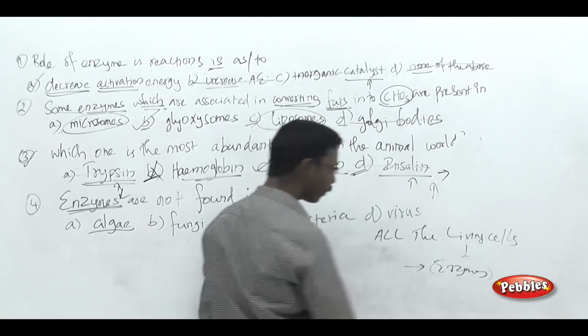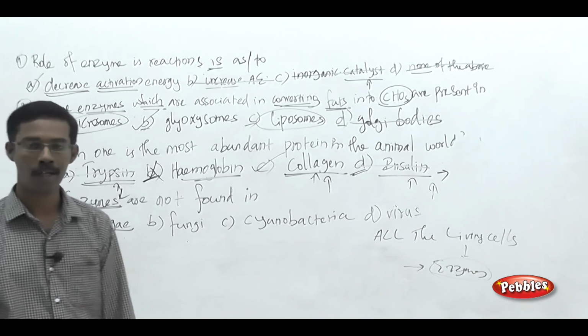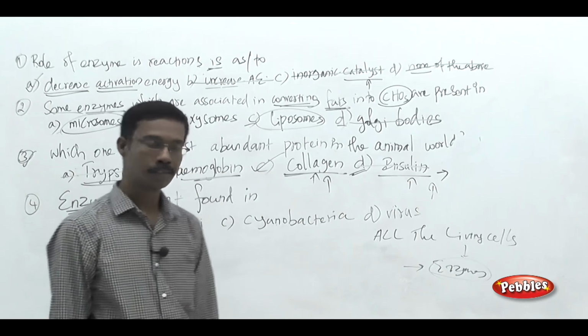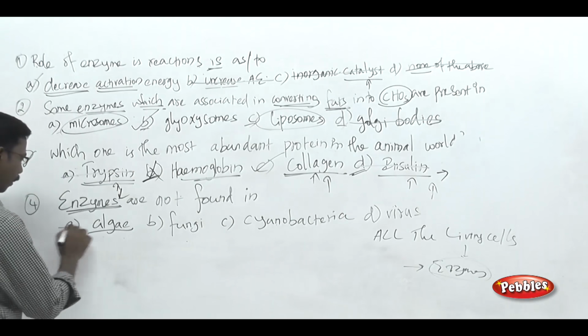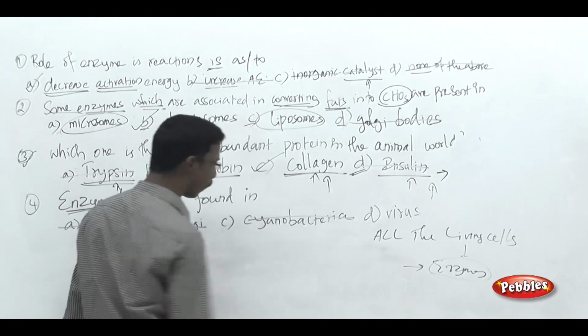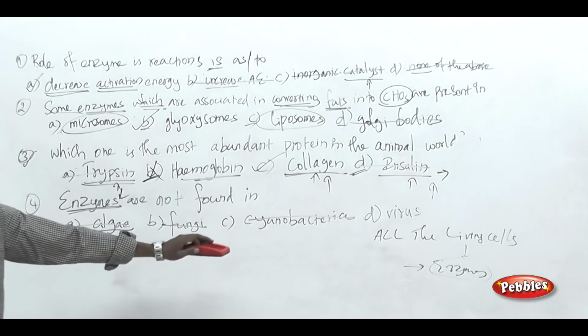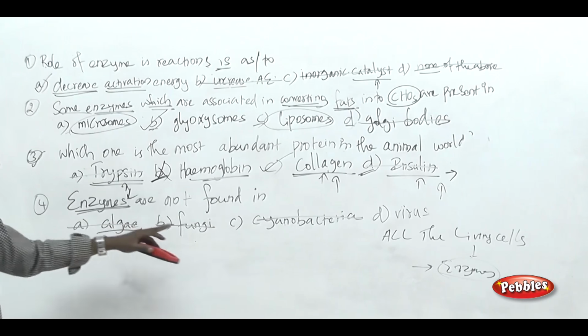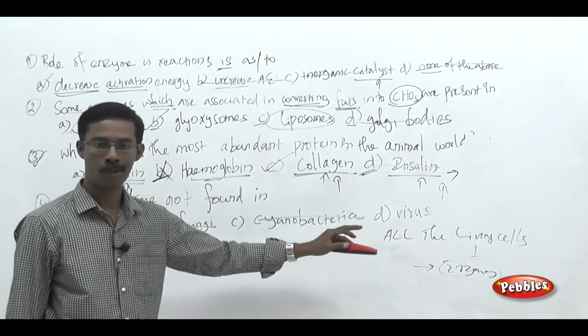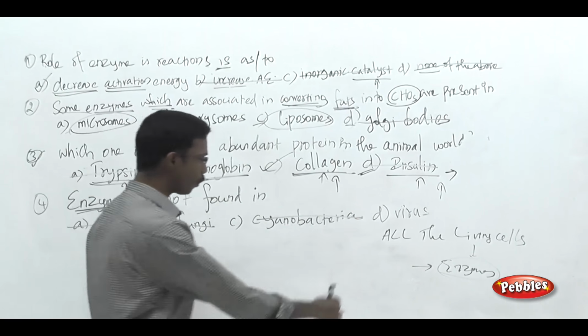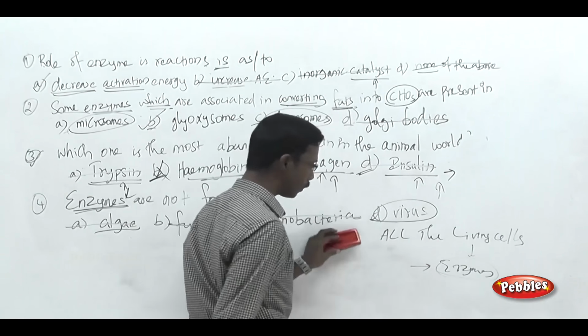If there is no enzyme, then we cannot call that particle or structure a living cell. So you can easily eliminate algae, fungi and cyanobacteria, because they all belong to normal living organisms. Algae, fungi, cyanobacteria, they all have enzymes. So the choice over here is viruses.